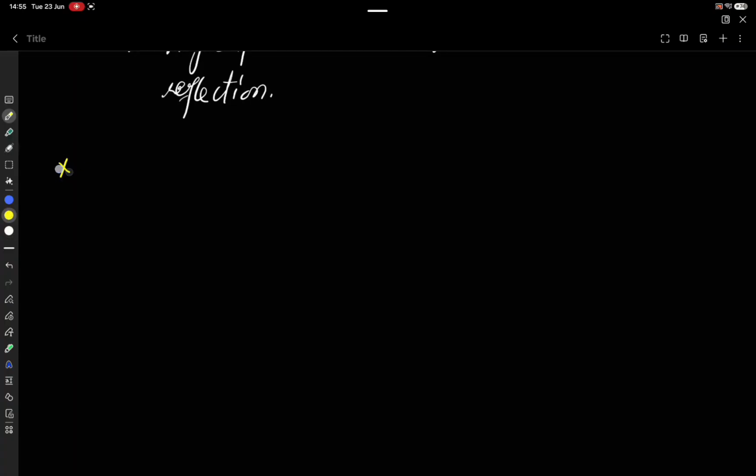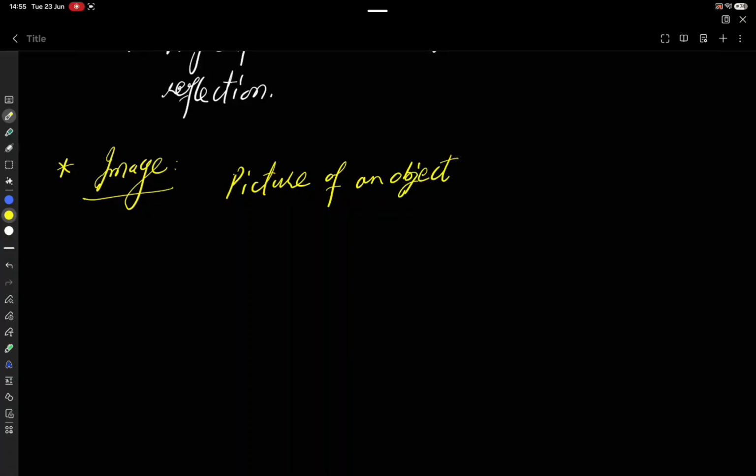So first of all, image: picture of an object, or geometrical shape of an object.